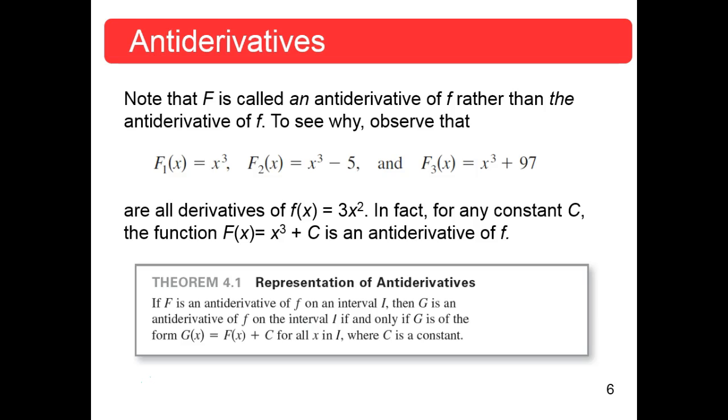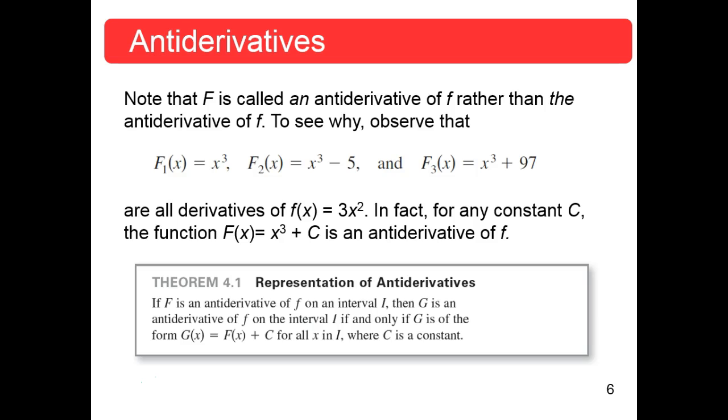All these are antiderivatives of f of x equals 3x squared. In fact, for any constant capital C, the function F of x equals x cubed plus C is an antiderivative. Now, it has to be a constant. You can't have a variable in it. It has to be a constant.